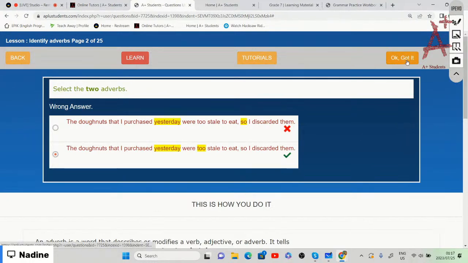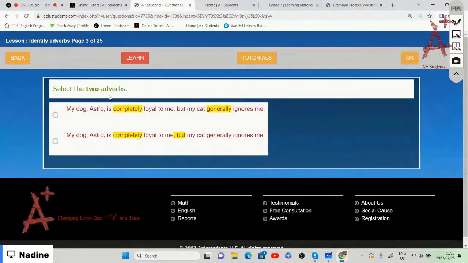All right. We need to select the two adverbs. My dog Astro is completely loyal to me, but my cat generally ignores me. So we need to choose between the two options of either completely and generally, or completely and but.